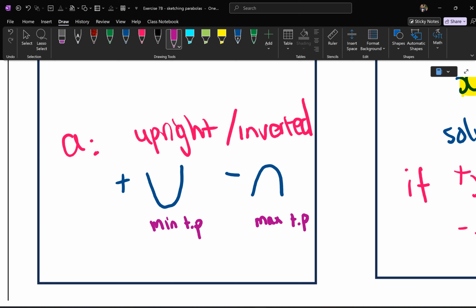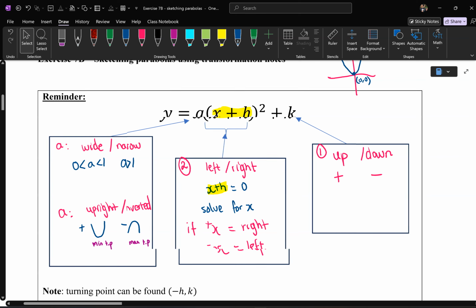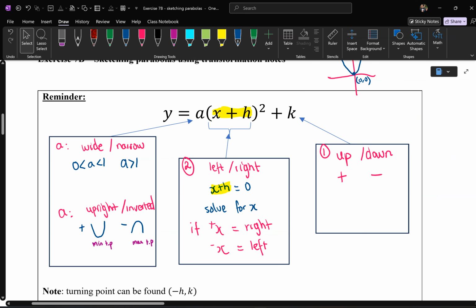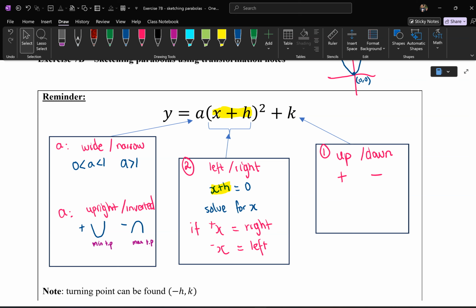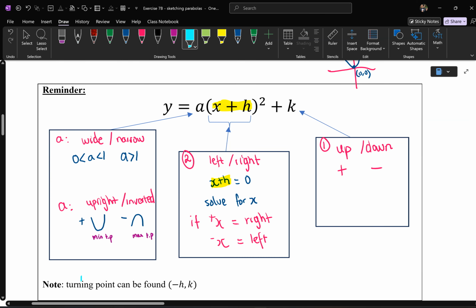Whereas this one reaches a max value, and then it drops back down. So hence why we call it max turning point and min turning point. Very good. So that's a recap of yesterday's lesson, or whatever our last session was. That was exercise 7A. Now notice down here I wrote, note that the turning point can be found negative HK.